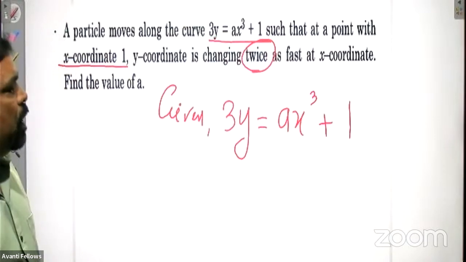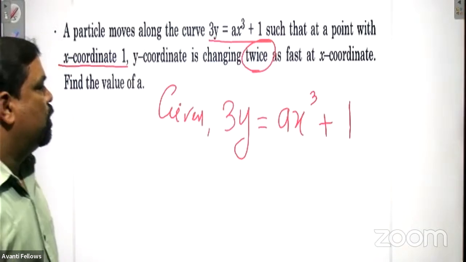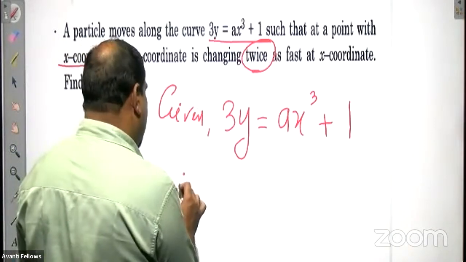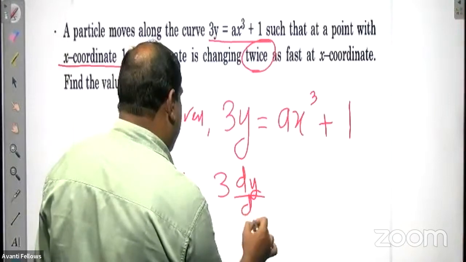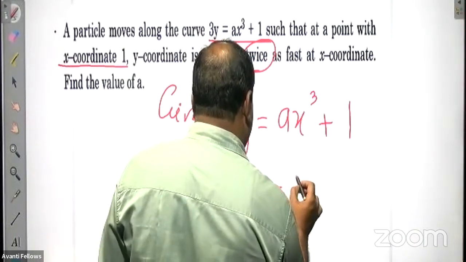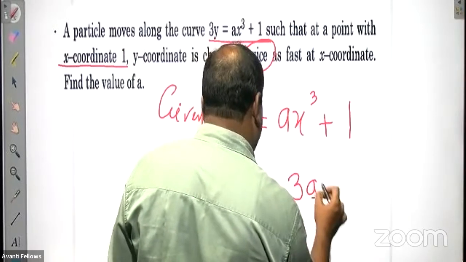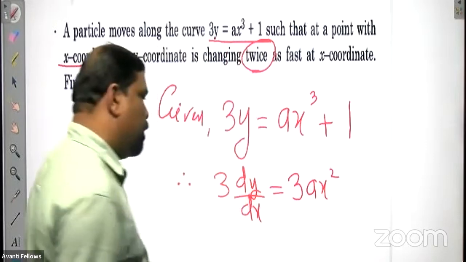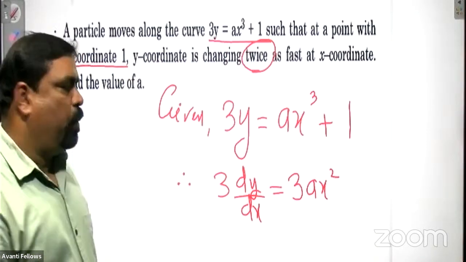Differentiating, we get 3 into dy by dx equals a into the derivative of x cube, which means 3x square. So 3 into dy by dx equals 3 into ax square.